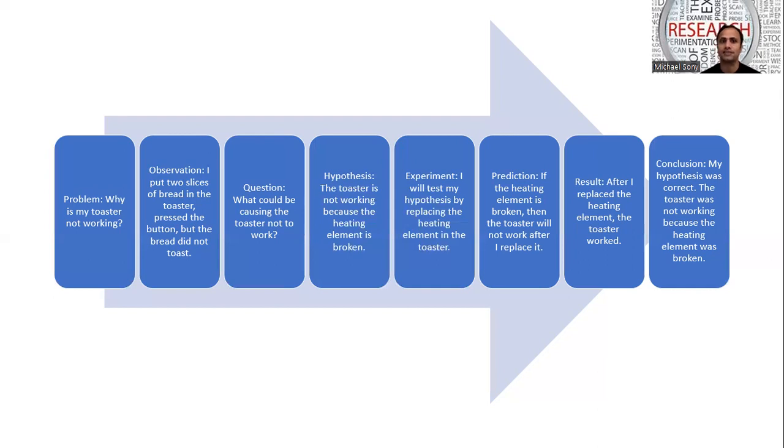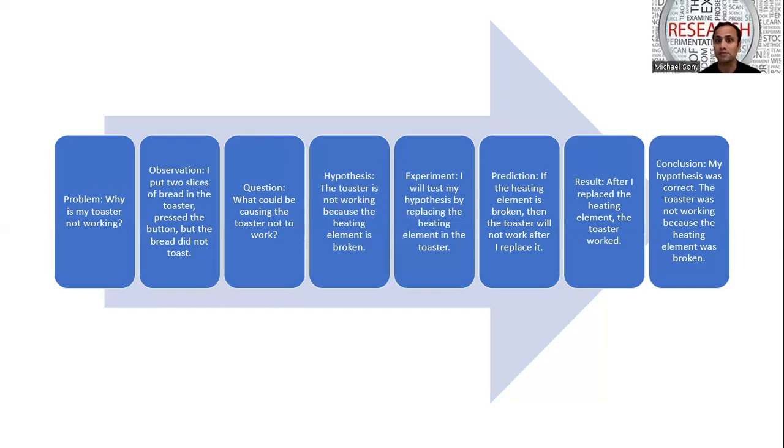Similarly, I may have other hypotheses too, like there is no power supply coming into the toaster. Now, in this case, I've made a hypothesis that the toaster is not working due to the heating element being broken.